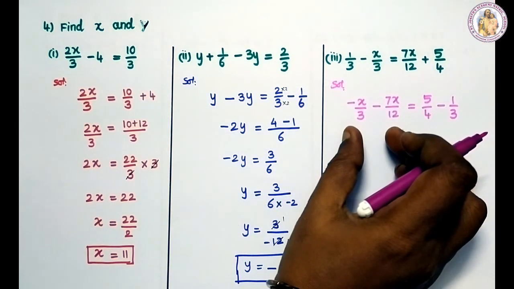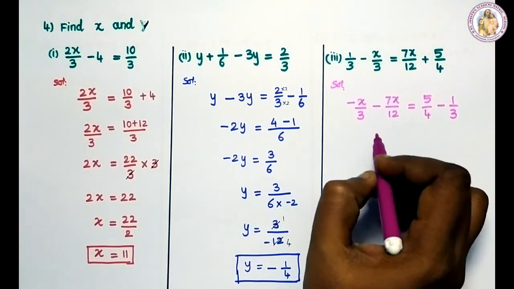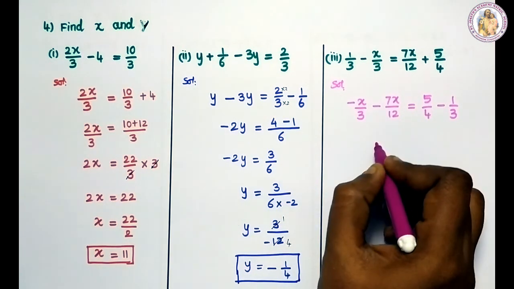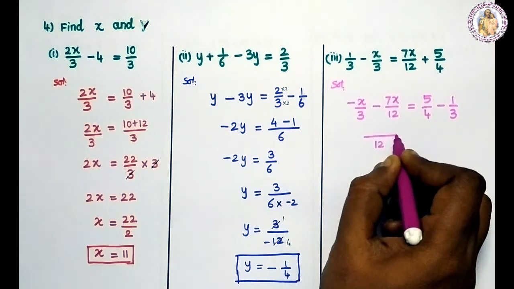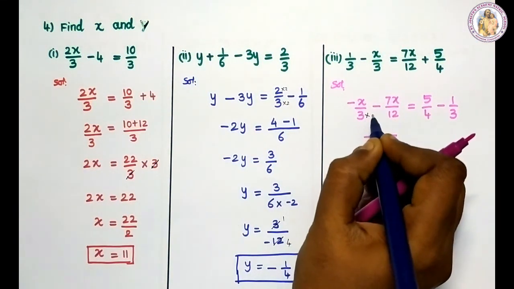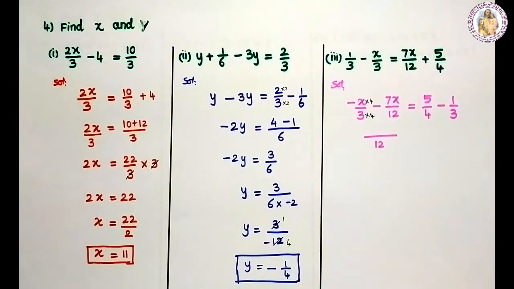Now assemble the variables in one side and numbers in one side. Take LCM for the 3 and 12. We get 12. What number we have to multiply with the 3? Means we get 12. That is 4. So here also multiply with numerator.